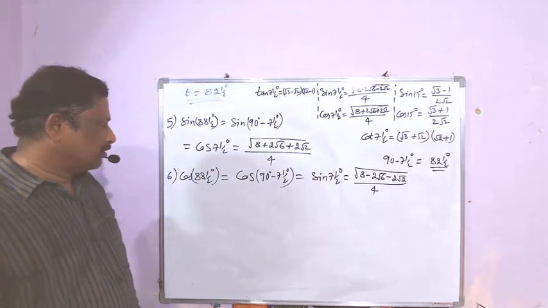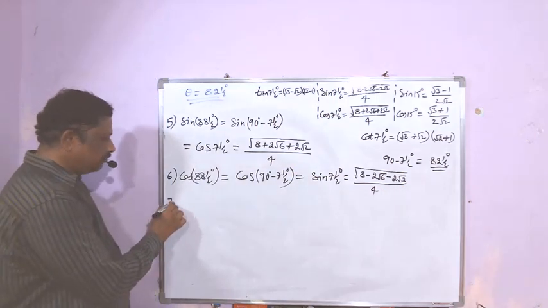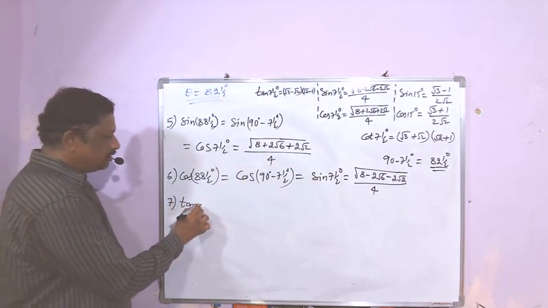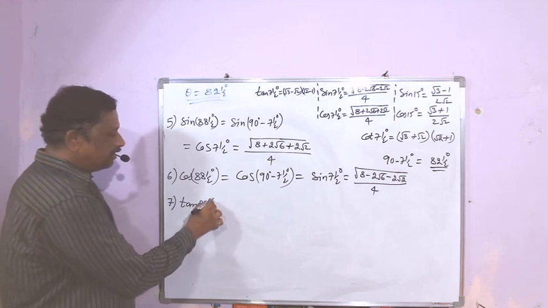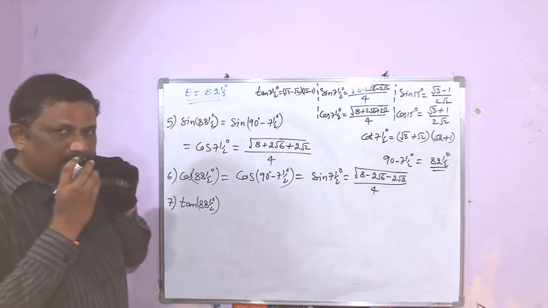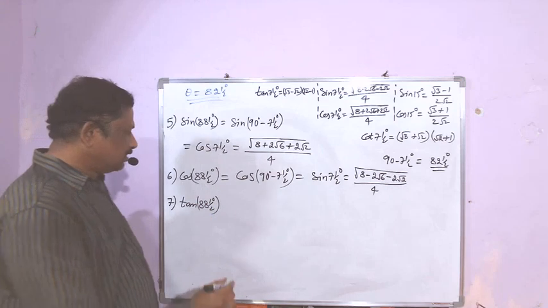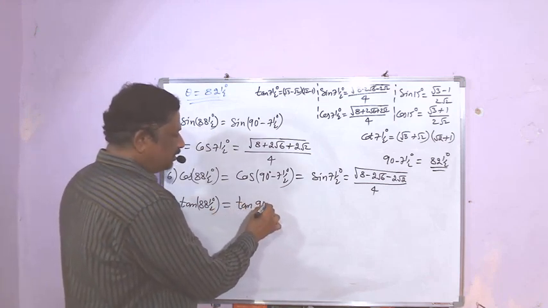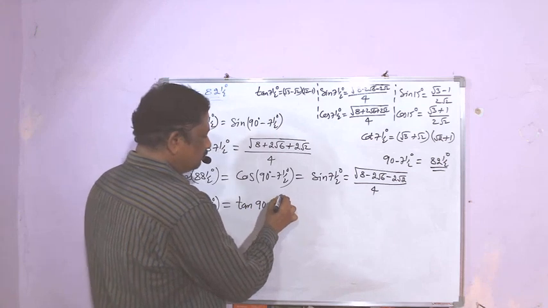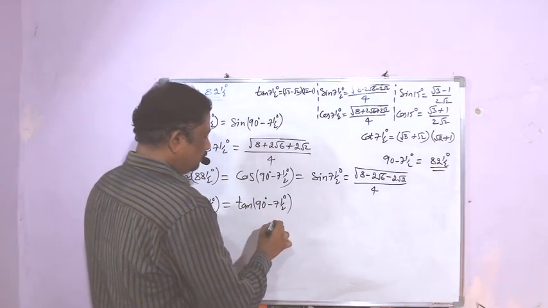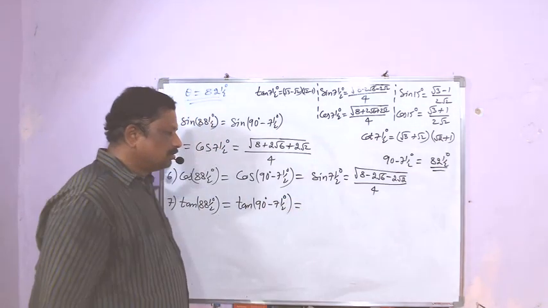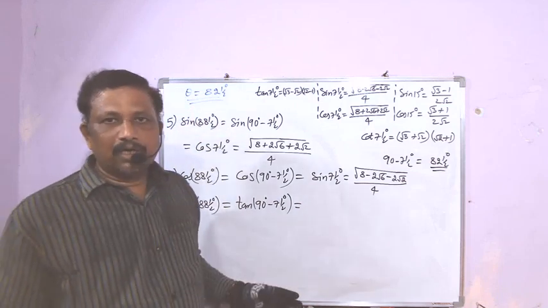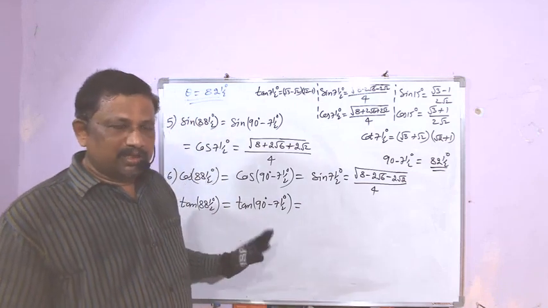Okay. Next, seventh one, tan 82.5 degrees. For tan 82.5 degrees also we can write tan 90 minus 7.5 degrees. 90 minus 7.5 degrees means it falls in the first quadrant, so plus sign only we will get.